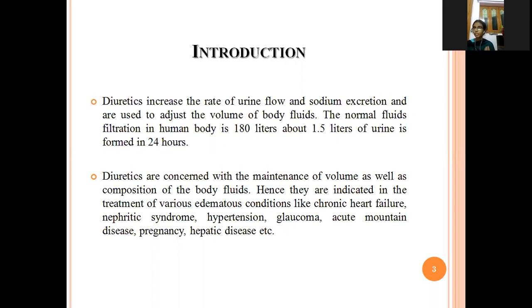So diuretics are concerned with the maintenance of the volume as well as the composition of the body fluid, meaning they maintain the body fluids and also remove sodium from the body.